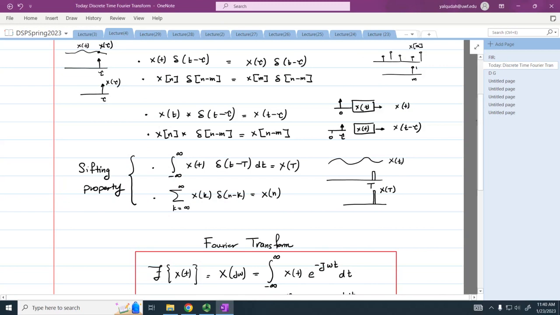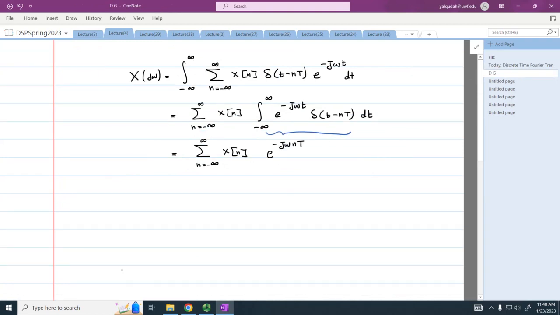Integration x of t delta of t minus T is x of T. Delta of t minus nT is going to equal x at nT. If this is exponential, exponential evaluated at nT. Are we together, everybody? Okay.